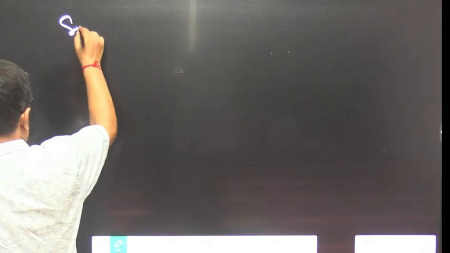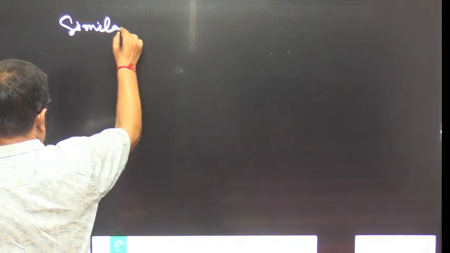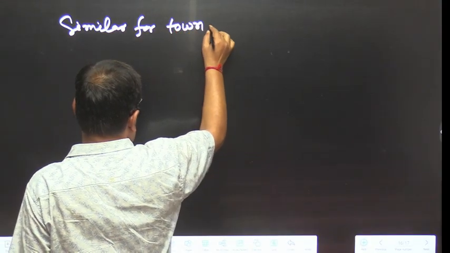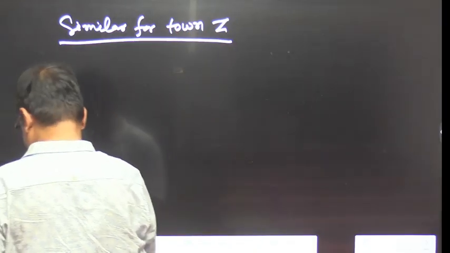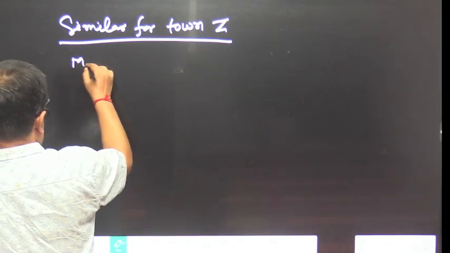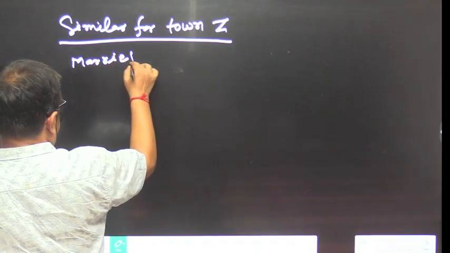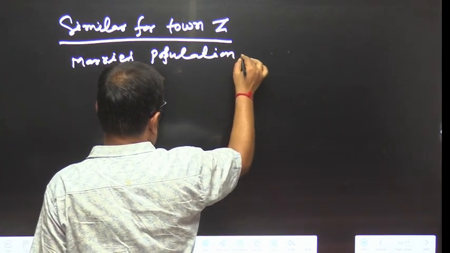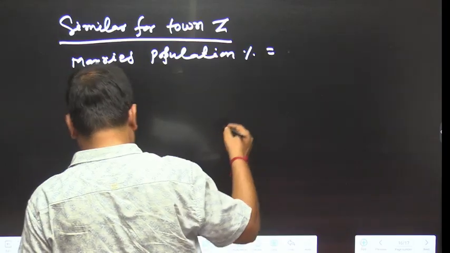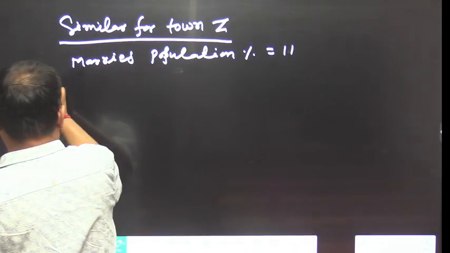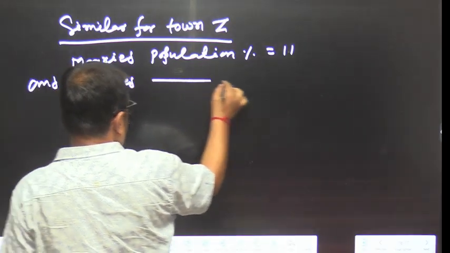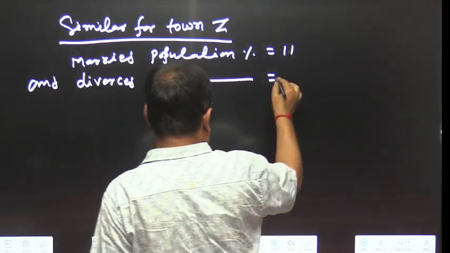Similarly for town Z. Married population percent equals 11 and divorced population percent 42.